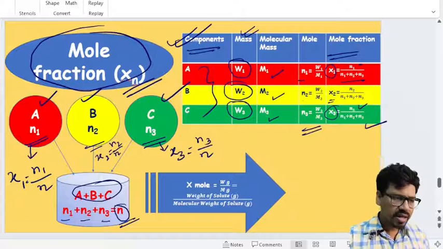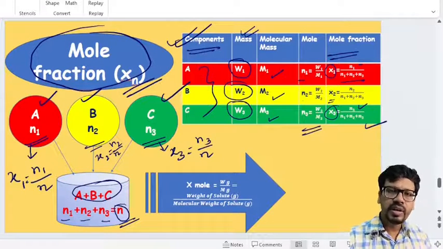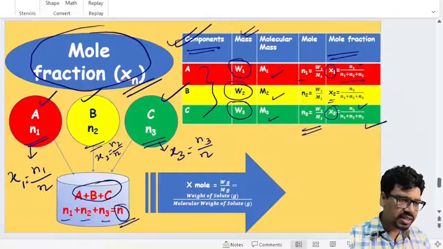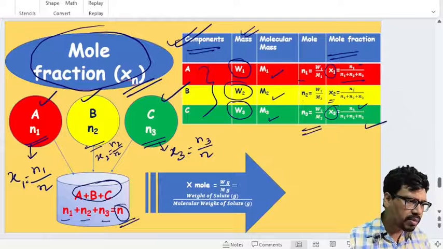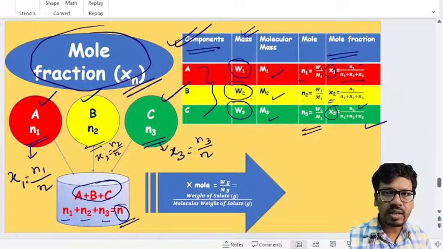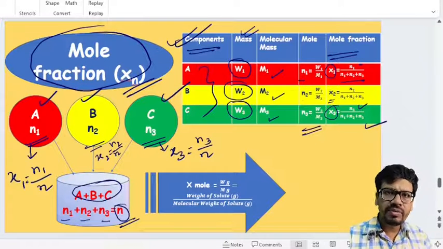There are lots of formulas in your textbooks, you can read those, but if you forget the formula, the actual definition can help you to understand and define the various concentration terms. Many students forget what molarity is and cannot calculate. What is normality, they cannot calculate. But you have to know the definition.